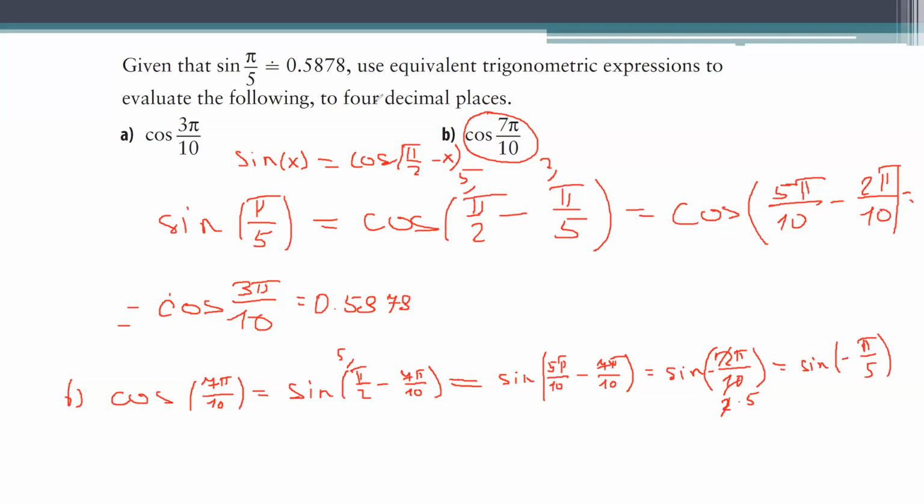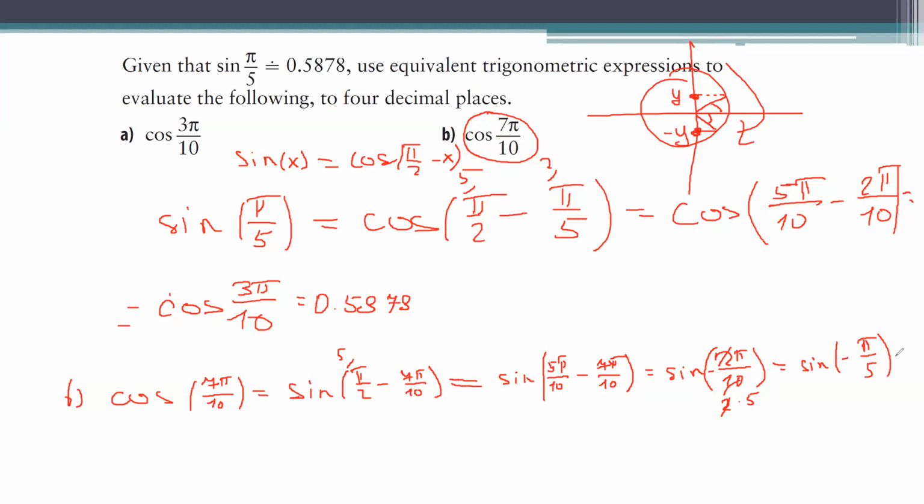So basically the sine value, but in the negative direction, counterclockwise, right? And we know that if we go in the positive direction, we're going to get a positive y value for sine. And if we go in the negative direction by the same degree, we're going to get a negative value for the sine function.